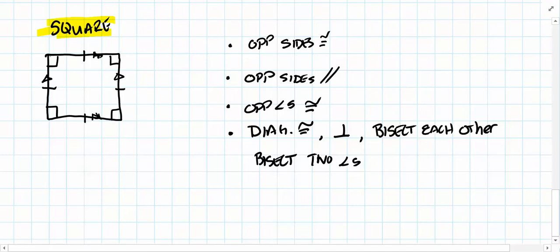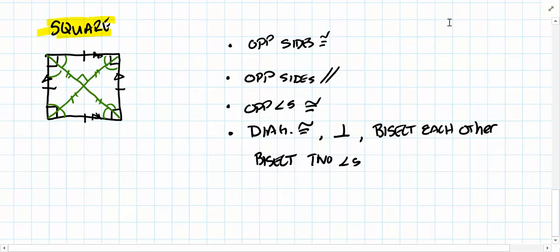So if we draw the diagonals here of a square, we know that this is equal to that, which is equal to that, which is equal to that. We also know that they meet at right angles, and we also know that they cut this angle in half and this angle in half. Same with that angle, and same with this angle. So actually, these should all be this. Lots of properties for the square.